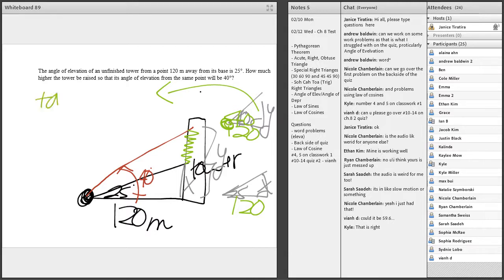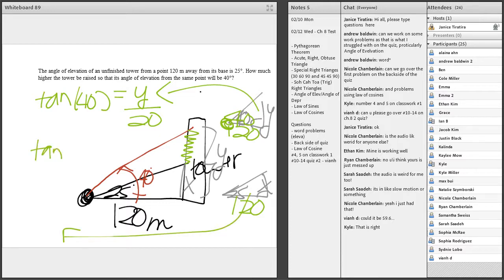Okay, so this one is tangent 40 degrees equals Y over 120. And then for the other picture over here, it's tangent 25 degrees is equal to X over 120. And once we get X, once we get Y, then we subtract them, and we'll get how much more we have to layer up.